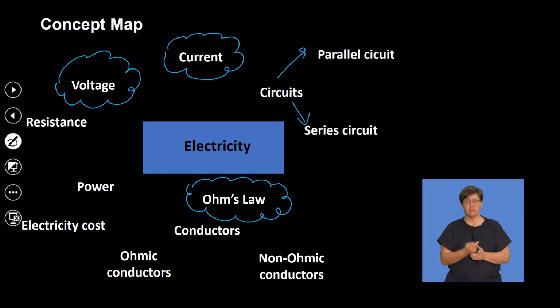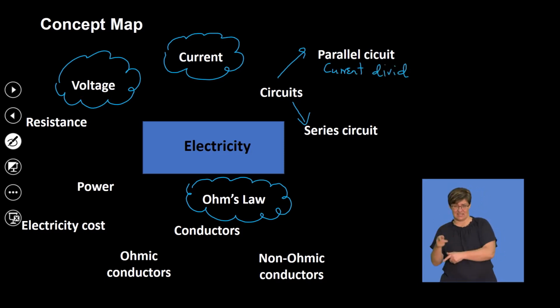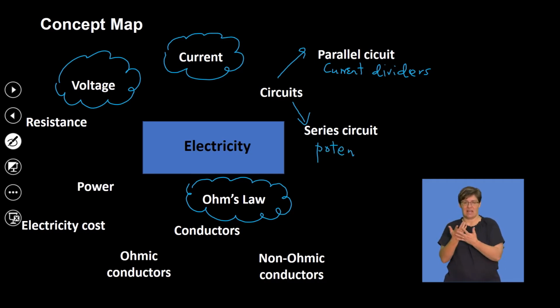Now, if you talk of a parallel circuit, this has to do with current dividers. The current dividers, very important. Understanding, as well as potential dividers as far as the series circuit is concerned. So these are the main ideas.